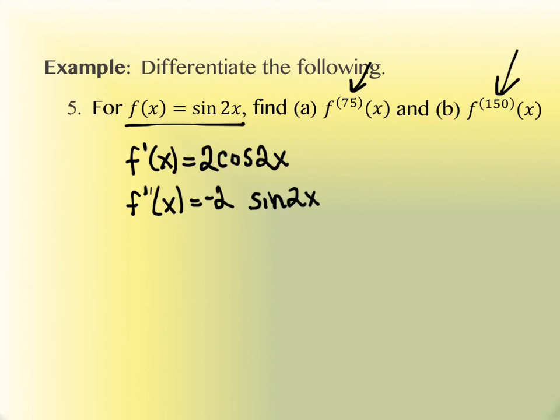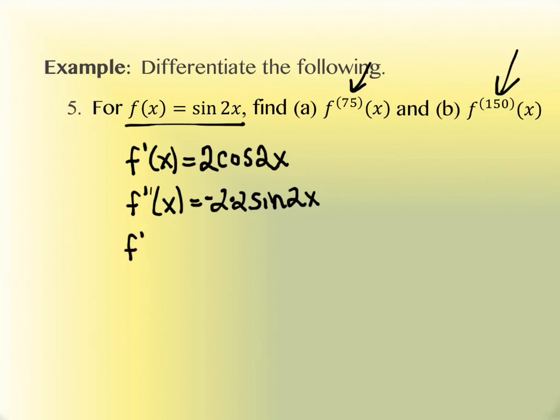What is the derivative of the 2x? Another 2. So instead of writing 4, it's more helpful to write this as 2 times 2, so you can see the double 2's there. Negative 2 times 2 sine 2x.